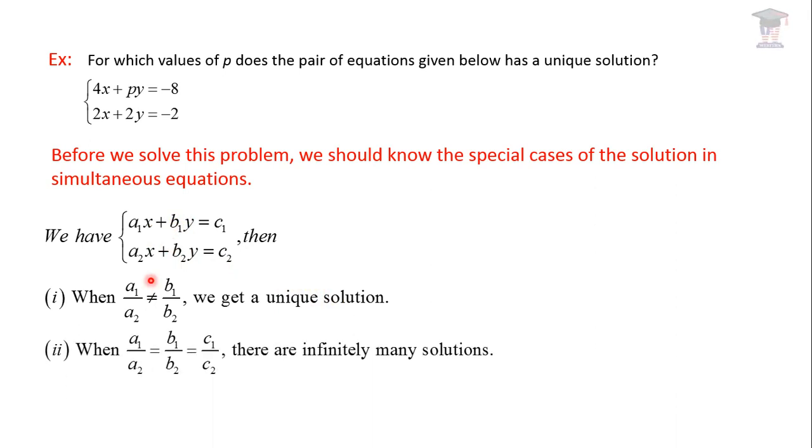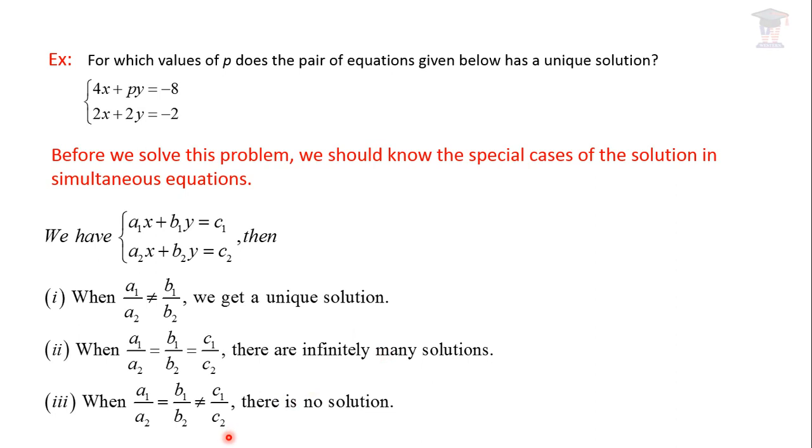The second case is when the ratio of the coefficient of x equals the ratio of the coefficient of y and equals the ratio of the constants. So there are infinitely many solutions. It means the two lines are coincident, they just overlap.